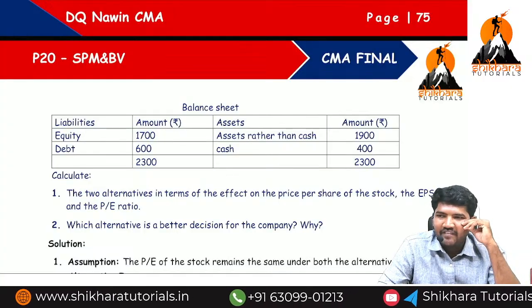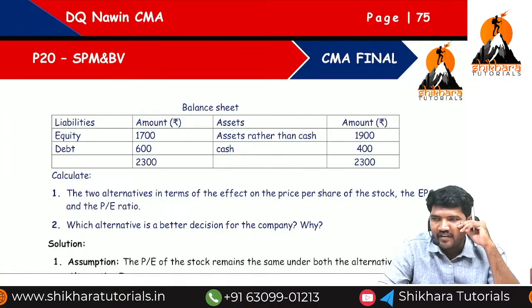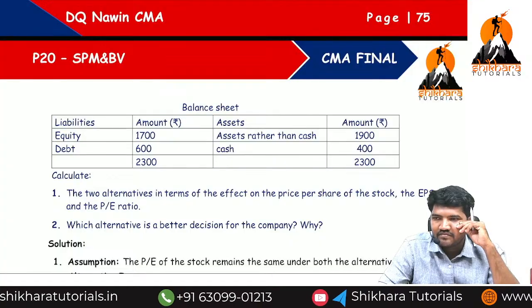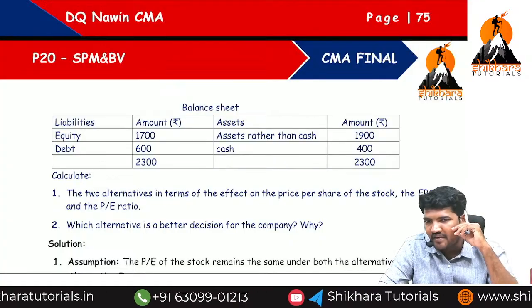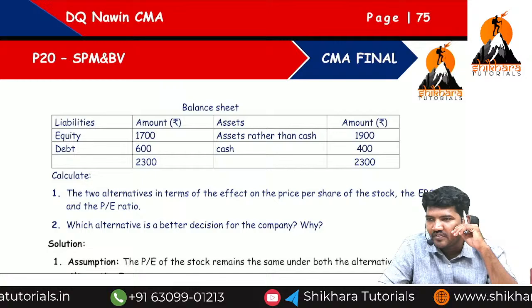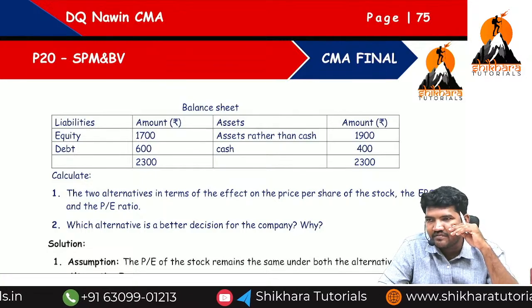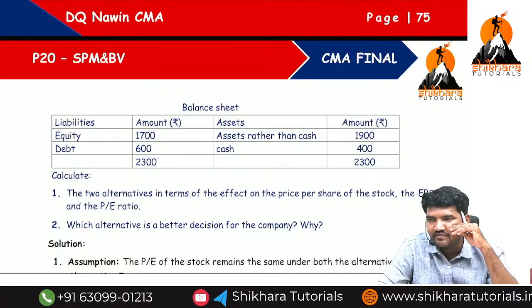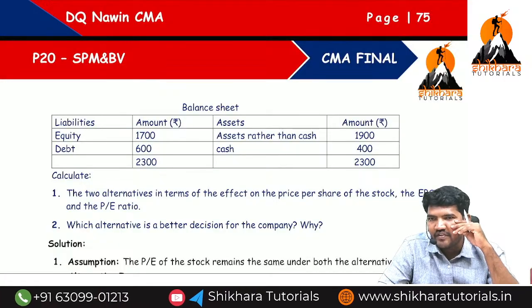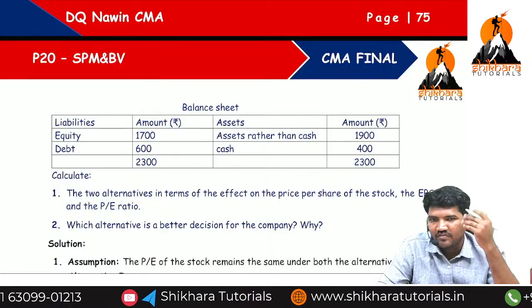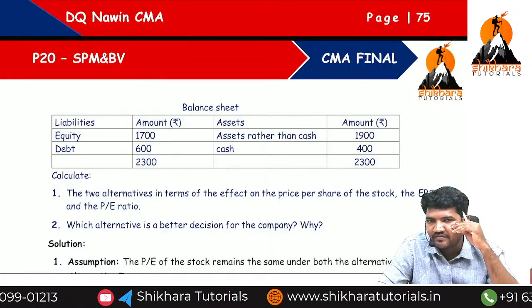Sir, if you pay dividend, your company earnings are affected. If your company earnings are affected, yes or no, sir? Or your company PE ratio is affected? If you pay your dividend, are your company earnings affected or not? Can I say EPS is constant?